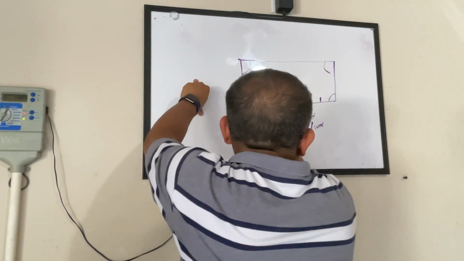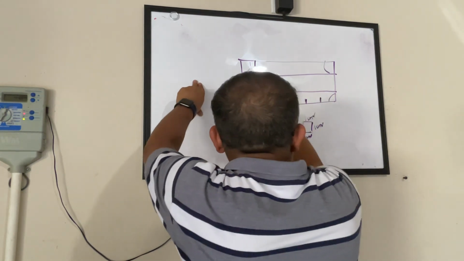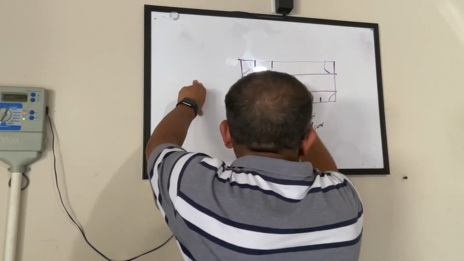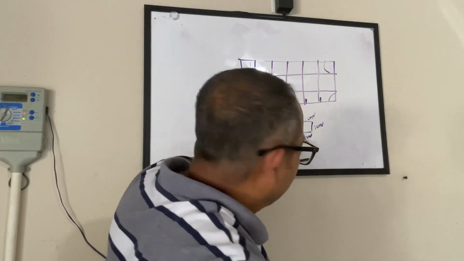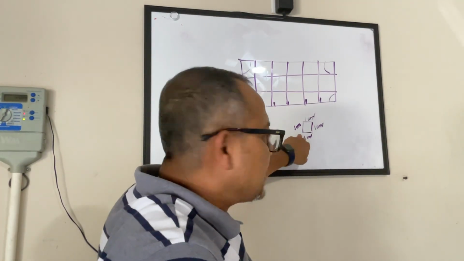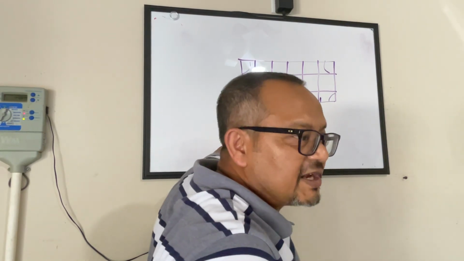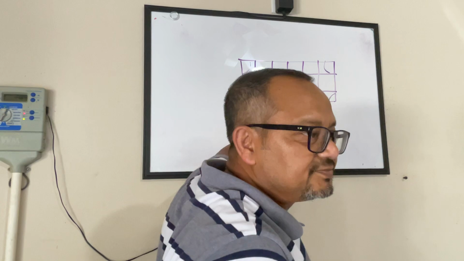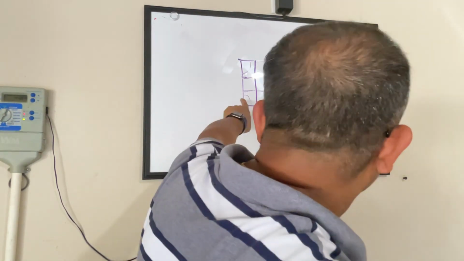What I am trying to do is, I am trying to draw lines so that I can break it into like these baby squares. Okay? Every baby square is 1 square centimeter. Okay? 1 centimeter square. Yeah? Now look at this rectangle. What did I do?